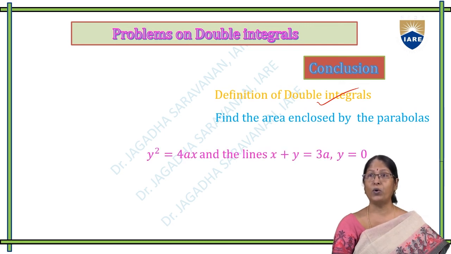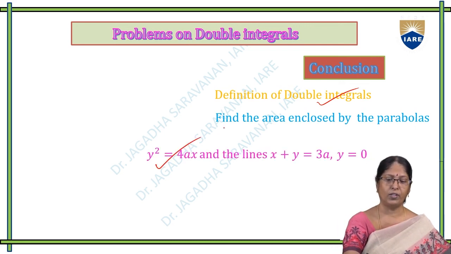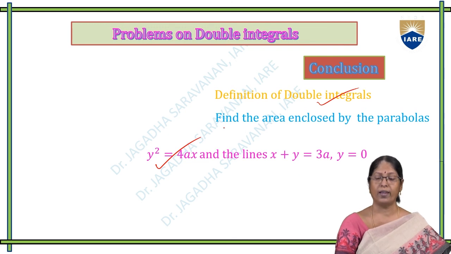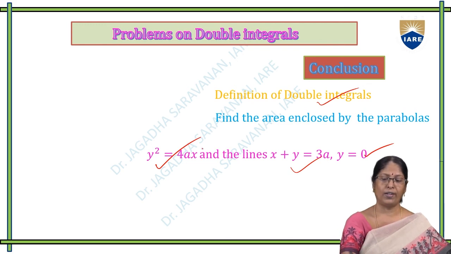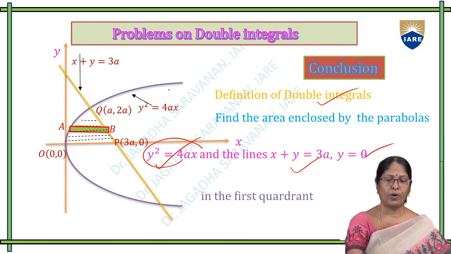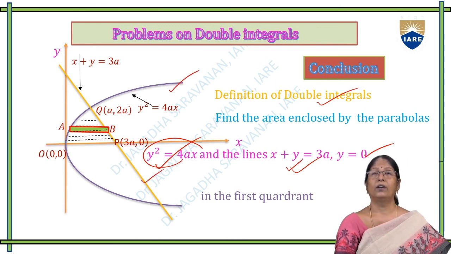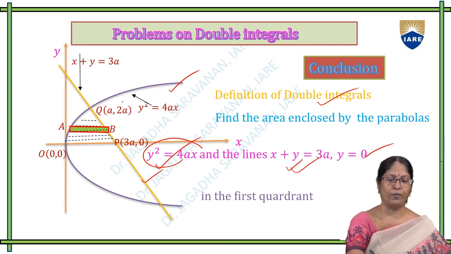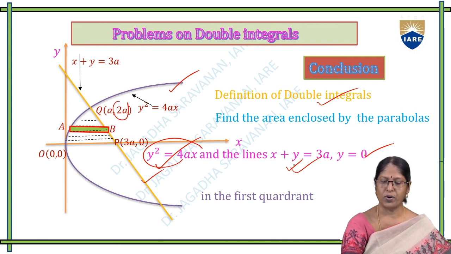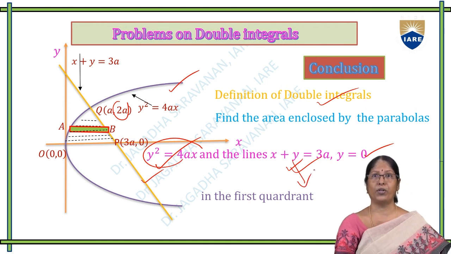And we have taken a problem: find the area enclosed by the parabola y square equal to 4ax, x plus y equal to 3a, y equal to 0. With this, first we have drawn this parabola, and this line we did. Finally, we have extracted this y value, that is extracting this line condition.